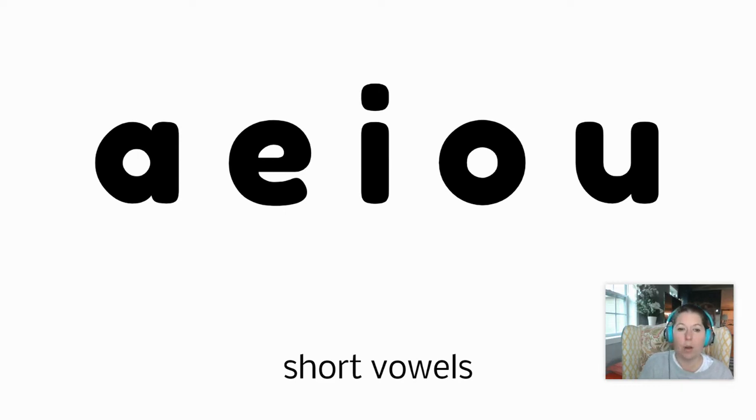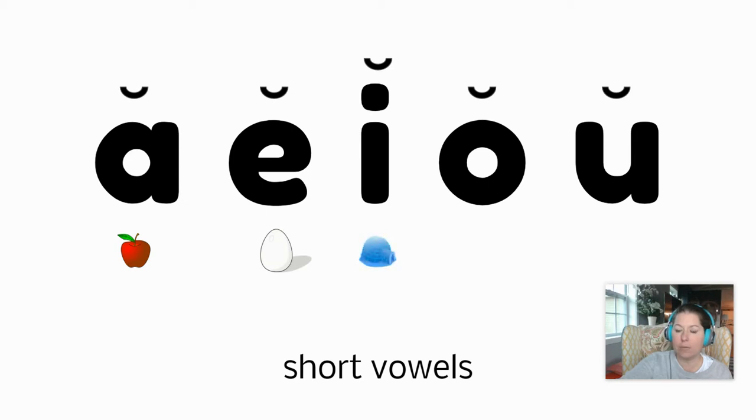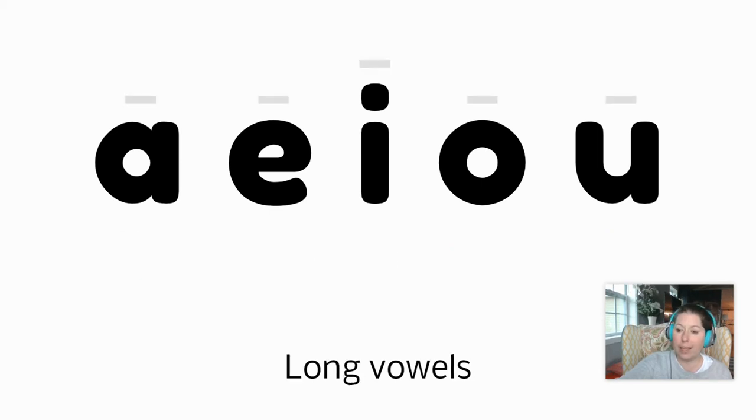Okay, so first let's talk about our short vowels, A, E, I, O, and U, and pronouncing those as their short version. We have A for apple, E for egg, I for igloo, O for octopus, and U for umbrella. And then our long version of those vowels as well.